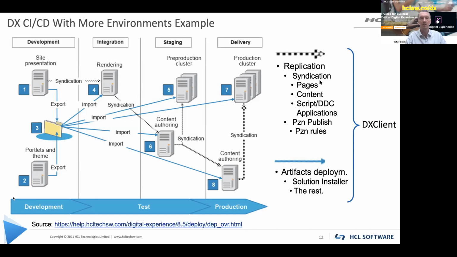The rules can be used with the personalization publish, and the artifacts can be packaged, for example, into smaller packages like PEAs or others. And again, we can use the solution installer to get those installed on the next environments to test them. And if it's okay, then we'll move them further upwards through the environments. And again, both tools can be managed by the DX Client.